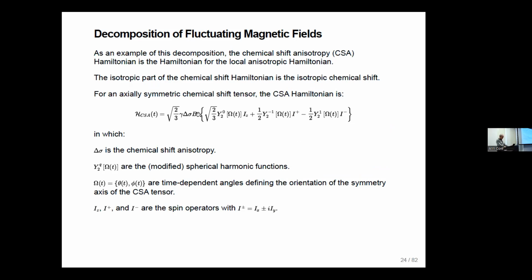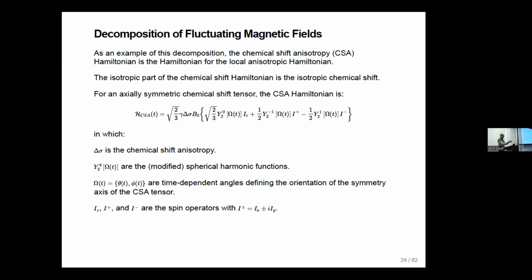We can pick out right away what the longitudinal and transverse parts are, because the longitudinal part is proportional to IZ, and the magnitude of that Z component of the fluctuating Hamiltonian is given by all these things. So you know what the square root of 2/3 is. Delta sigma is called the chemical shift anisotropy.